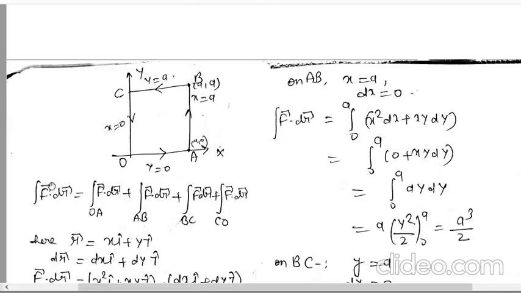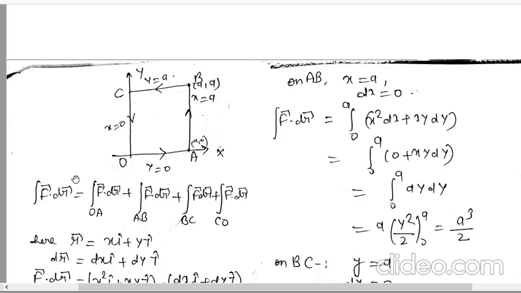Now total integration of this region is covering OA, and the line AB and the line BC and CO. So this is the total work done, total line integration.